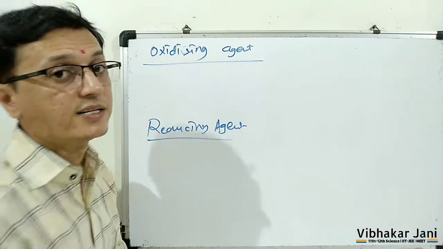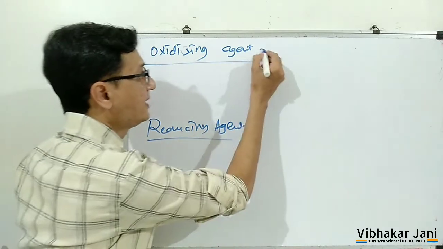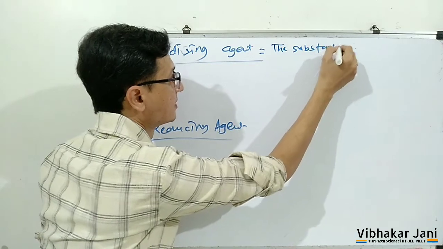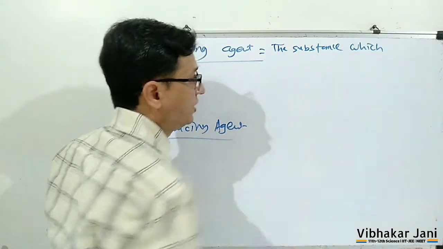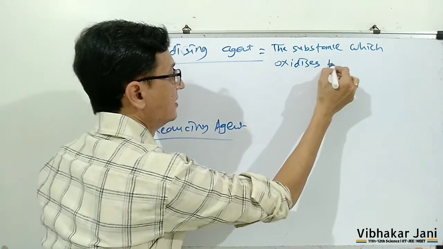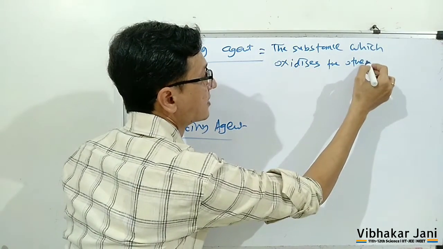Oxidizing agent and reducing agent. Oxidizing agent means the substance which oxidizes the other substance.